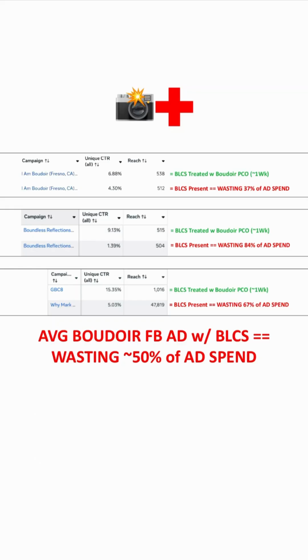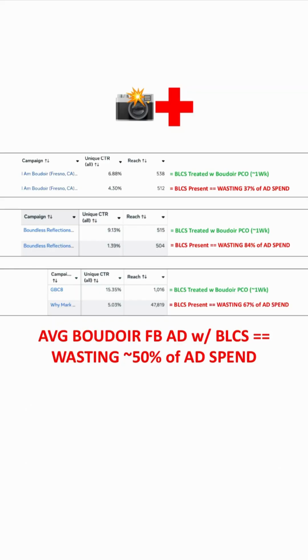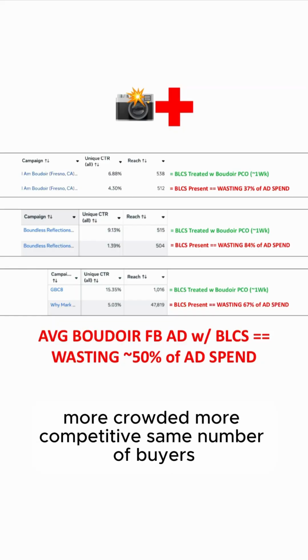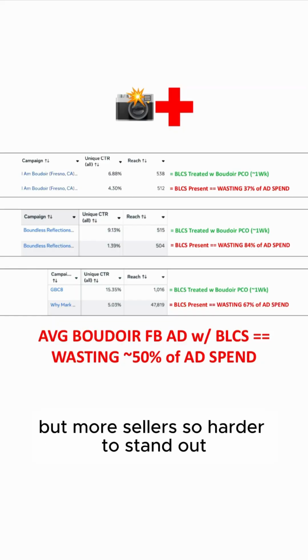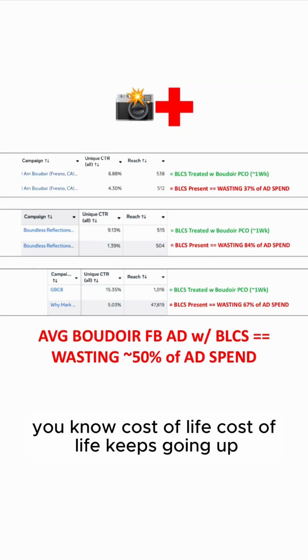So you're seeing that the marketplace gets more crowded, more competitive, same number of buyers, but more sellers, so harder to stand out. And you're also seeing more inflation, cost of life keeps going up.